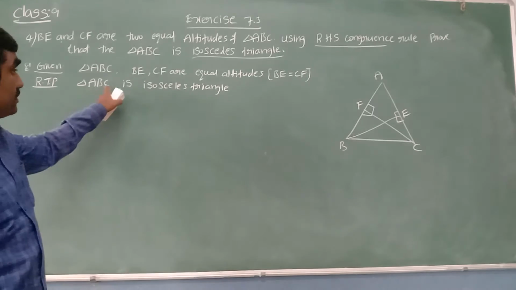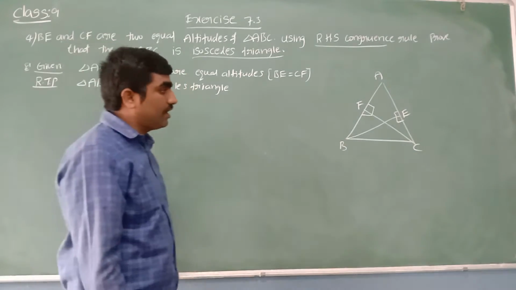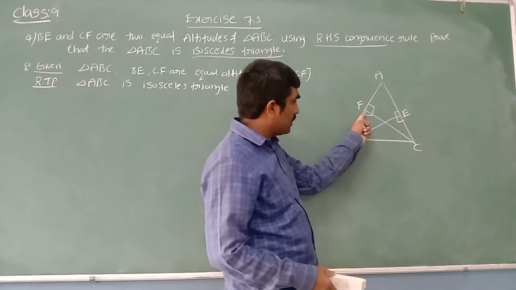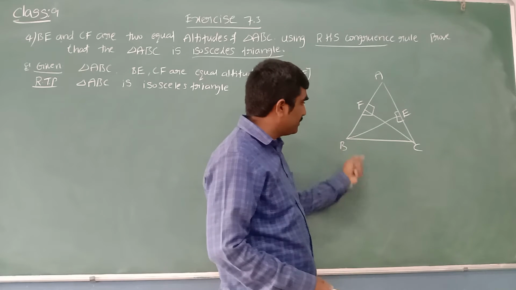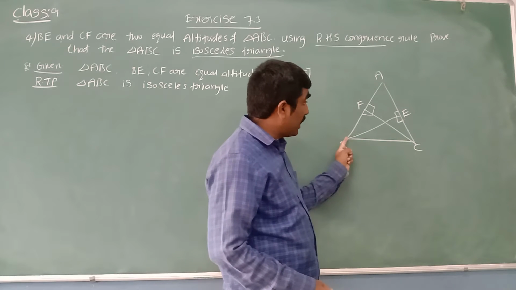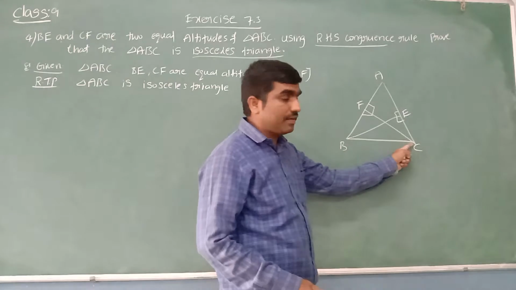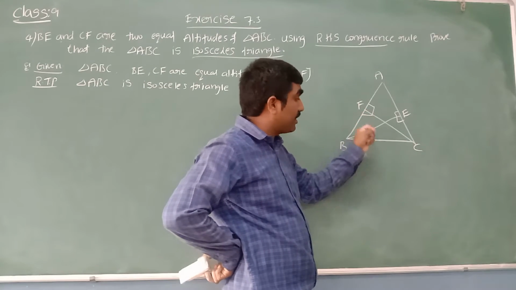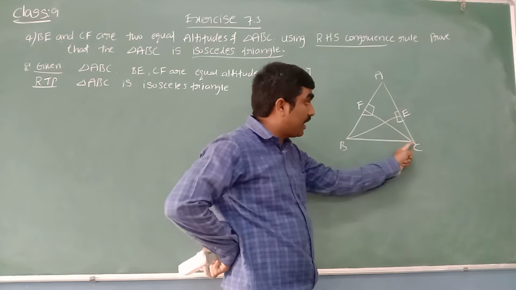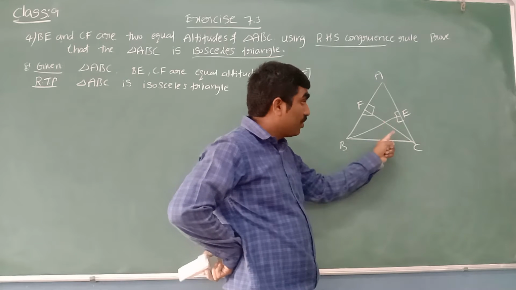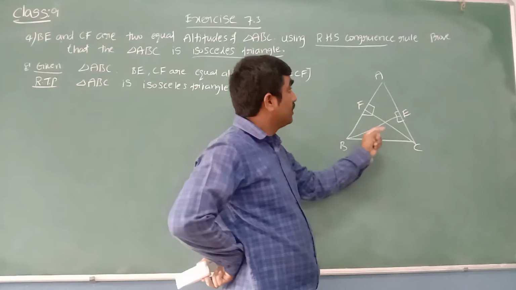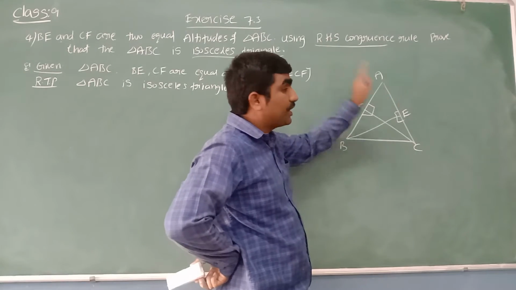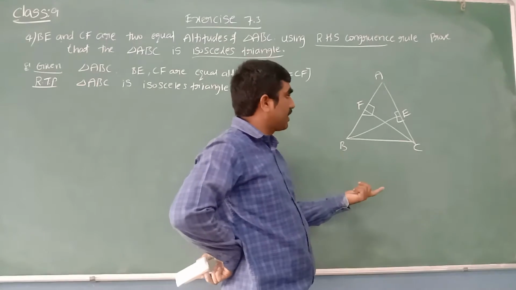Now think about this. How can we prove an isosceles triangle? So we know that BE is equal to CF. Now we will take two triangles. Triangle BFC is one triangle, in which CF is one side and I can see one right angle. Triangle BEC is another, in which there is one right angle and one side is also equal. They are asking by RHS, so we should take two triangles based on the right angles.